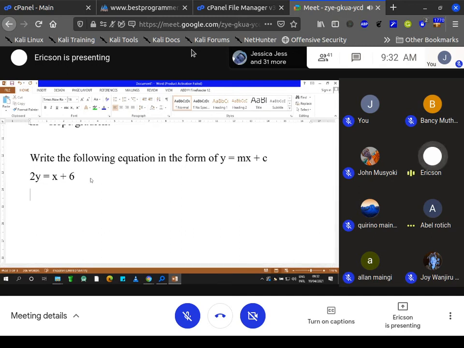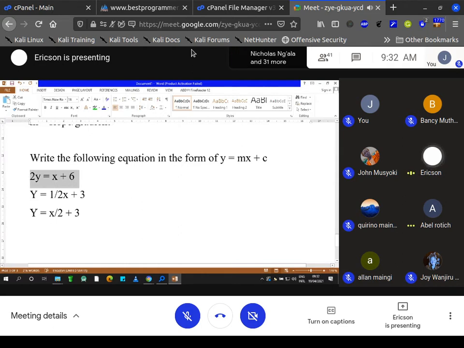The basic answer is y equal to half x plus 3. It can also be y equal to x over 2 plus 3, they mean the same thing. X over 2 is the same thing as half x. So these two are the solutions to that question.